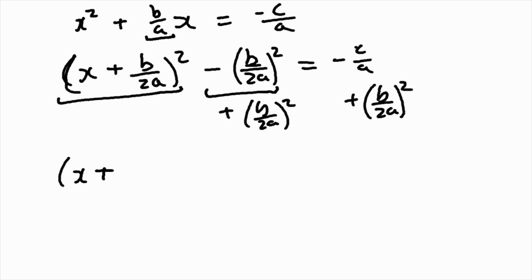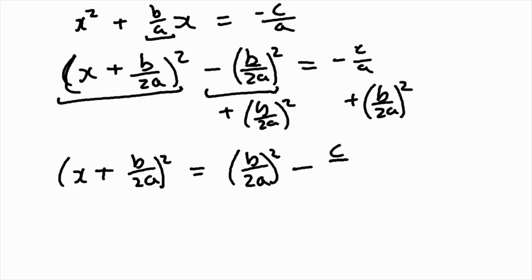So this leaves us with x plus b over 2a all squared on the left-hand side. And on the right-hand side, we're going to have b over 2a all squared, subtract c over a. Now, I want to make this term slightly easier. I want to make it into a single fraction.